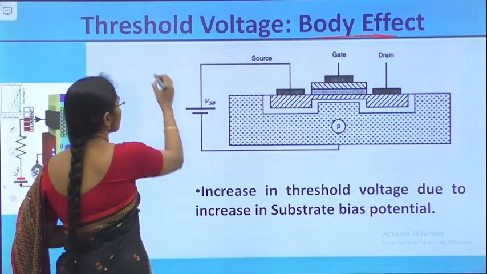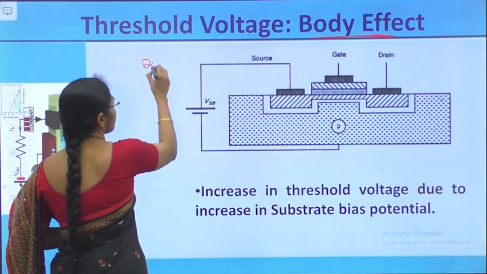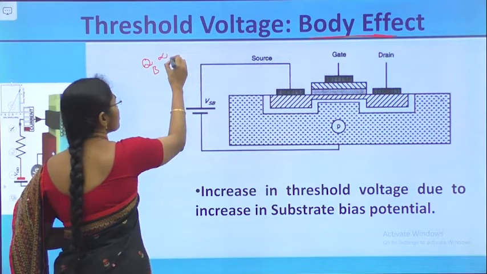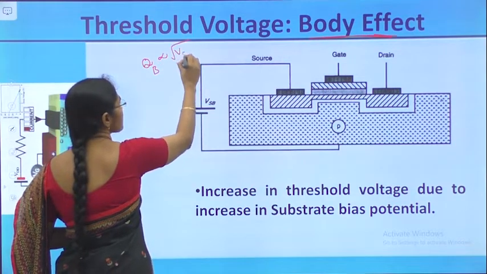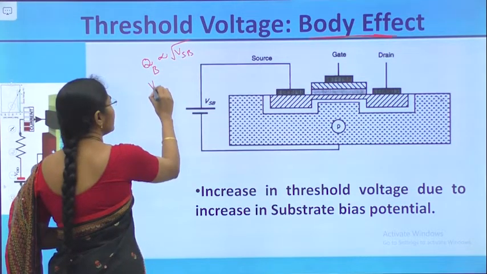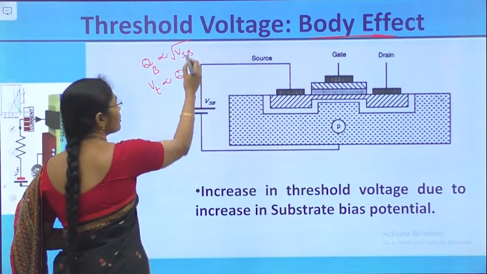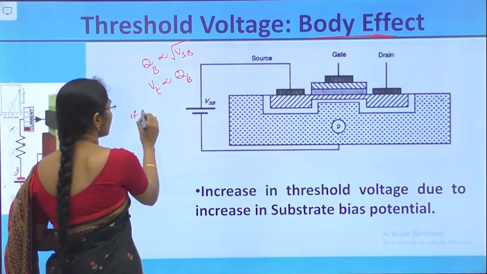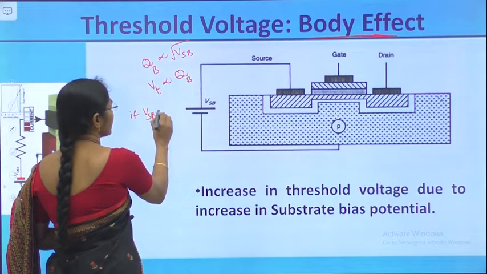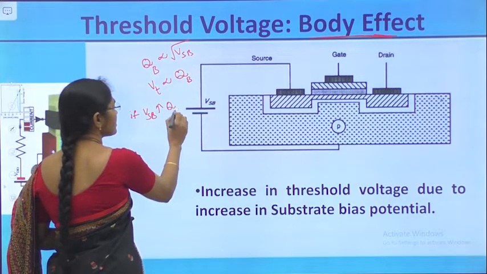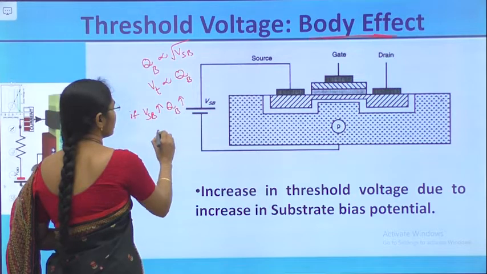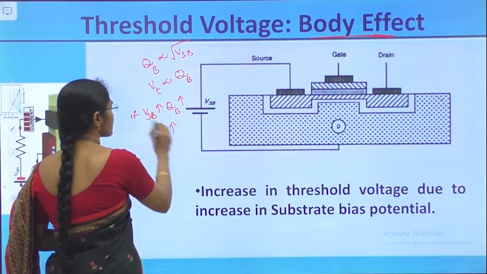So, what is it? QB is proportional to square root of VSB and Vt is proportional to QB. Therefore, if VSB increases, QB increases, therefore Vt increases.